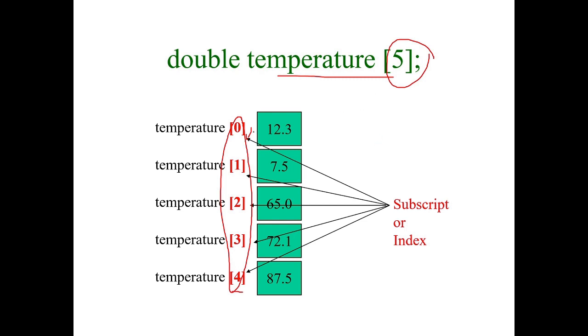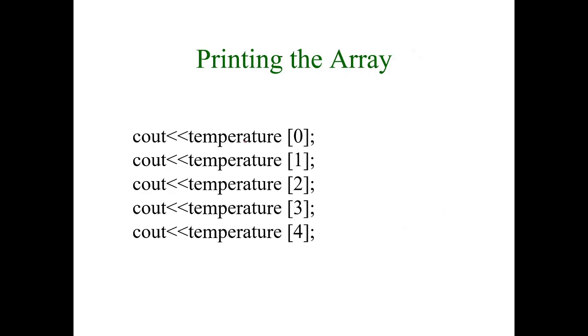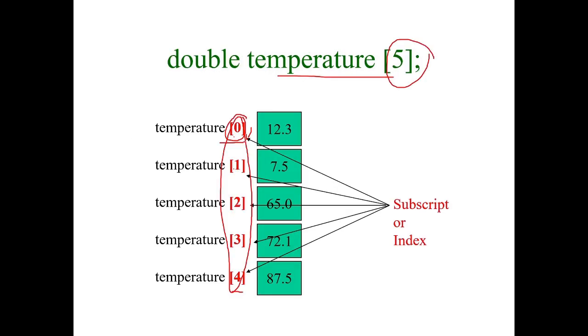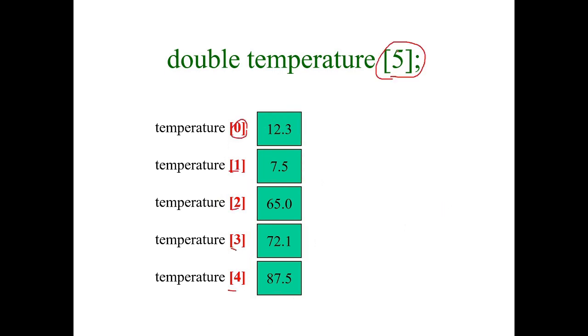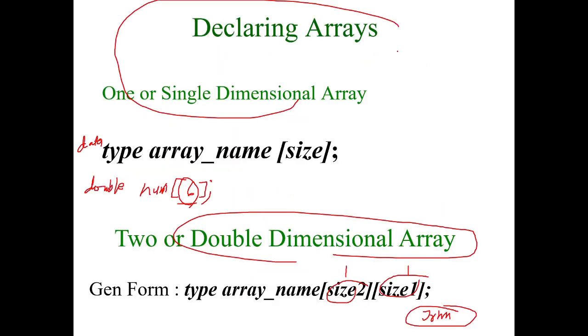So you count from 0, 1, 2, 3, 4. Remember that index always starts with 0. So again, these are what we call elements, and this is what we call index. This is what we call the size of your array.